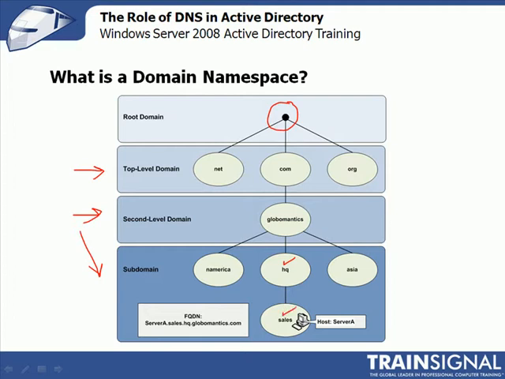We're just continuing down with multiple subdomains, and then an actual host, an actual computer whose name is server A. So the fully qualified domain name for server A begins with the actual host name, then .sales, moving to the bottom level domain, then .hq, going up to the next level in the hierarchy, then .globalmantics.com. Again, just continuing up.